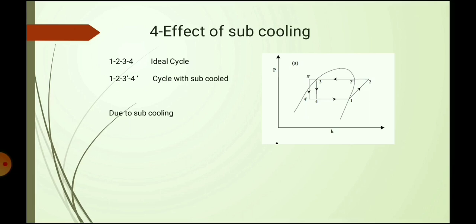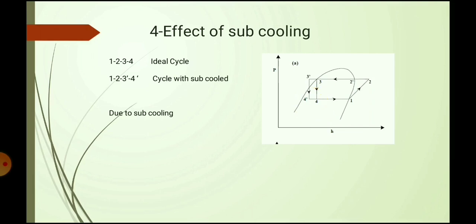Clear? But here we can see the refrigeration effect also increases, from H1 minus H4 to H1 minus H4 dash. That means H4 minus H4 dash is the amount by which the refrigeration effect increases.